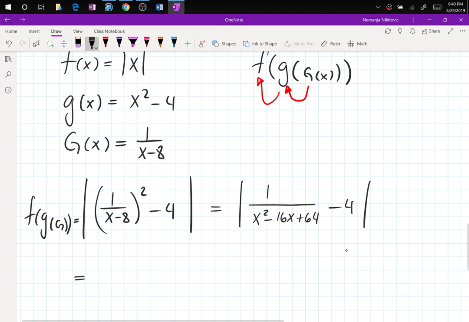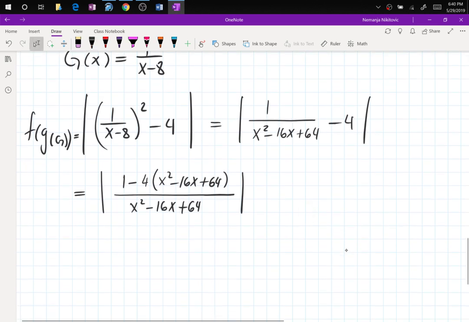And now, using the common denominator, 1 minus 4 times x squared minus 16x plus 64 to sort out the numerator. Now we need to multiply all of this.